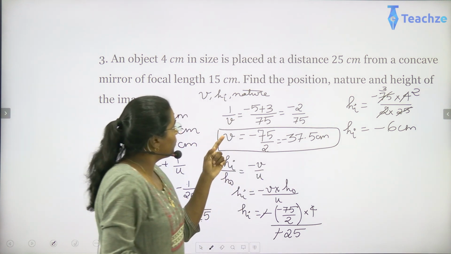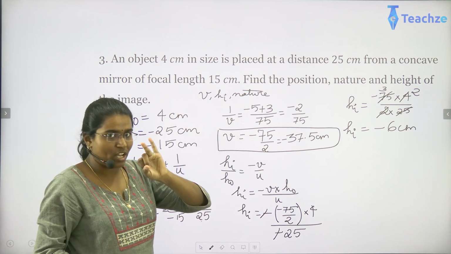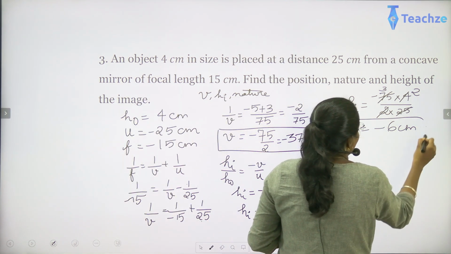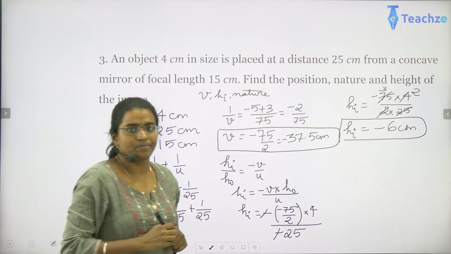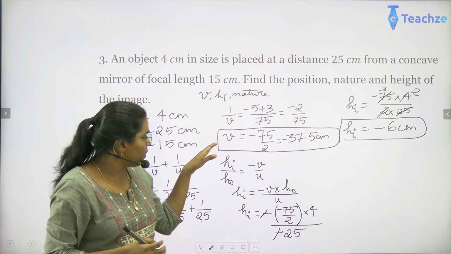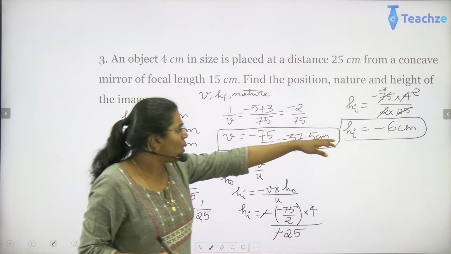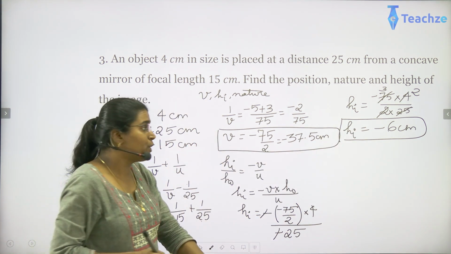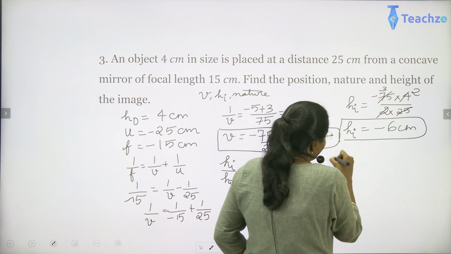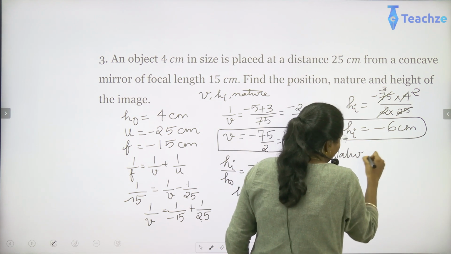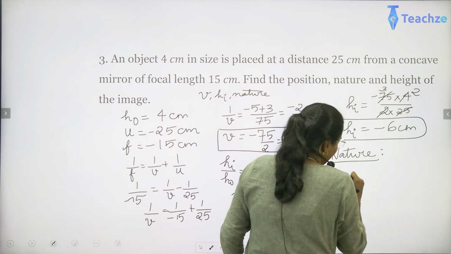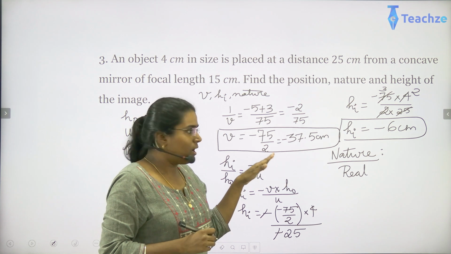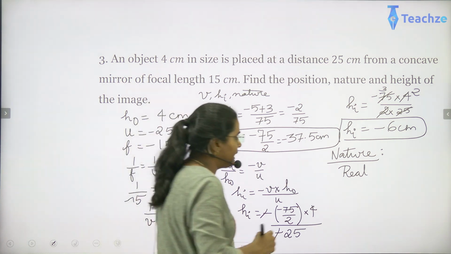So I have found out my v, my HI, the image height, and now I have to find out the nature. So what can I say for the nature? My image distance is negative, height of the image is also negative. So, good. My nature of the image will be real and inverted because the height is negative and my image distance is also negative.